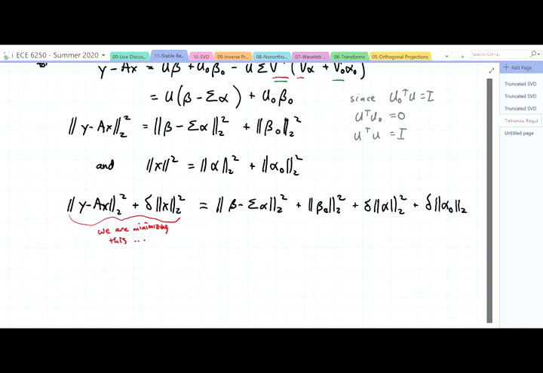So just as with our standard least squares, we can set our alpha naughts and beta naughts to zeros.